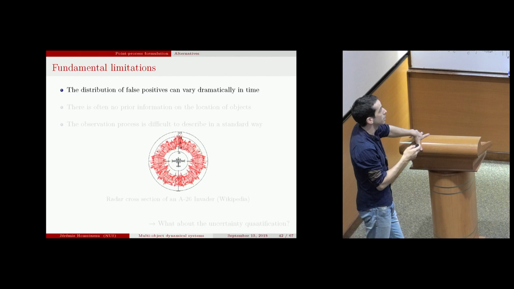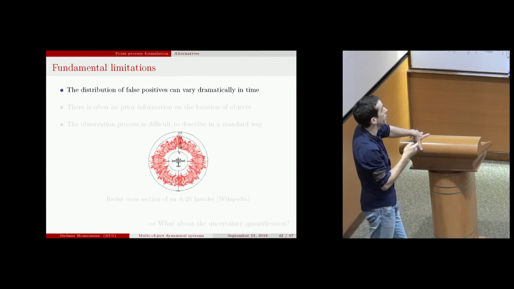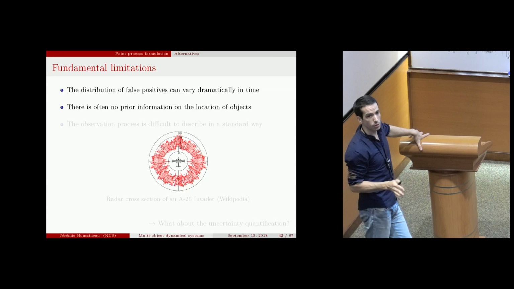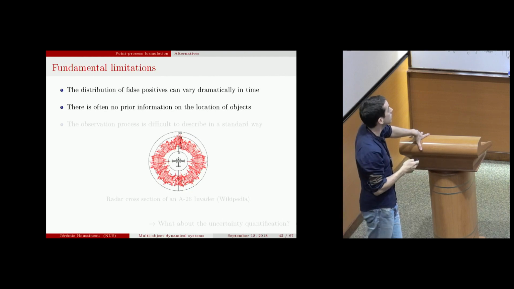So even if you parameterize it, in some cases it's almost impossible to learn the parameters. Also, we often have absolutely no idea where the objects come from. So what people do is, when there's an observation, they say, maybe this is a new object. But formalizing this is not so easy.